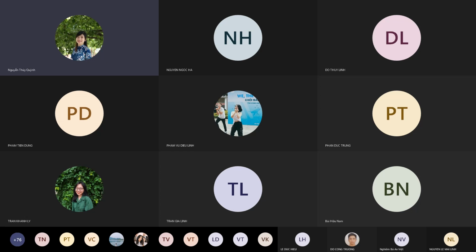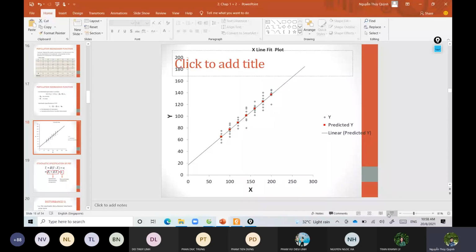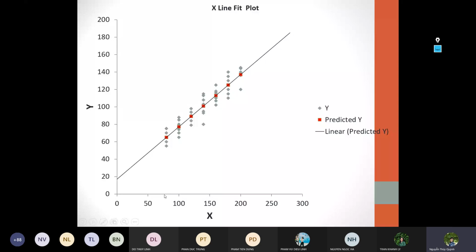Okay, so for one value of X, you can have different values of Y. The gray points represent the observed values of Y. But for one value of X, we only have one conditional expected value of Y, that is the red points. When we connect the red points, it forms what we call the population regression line.